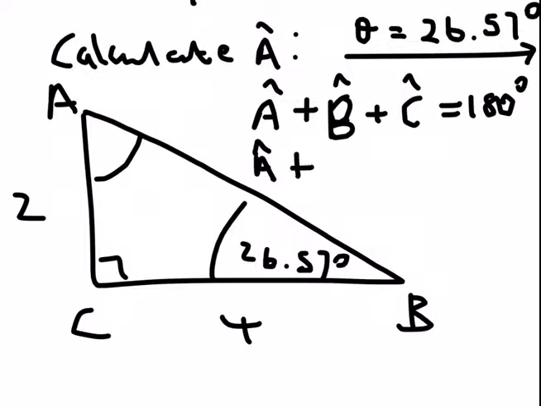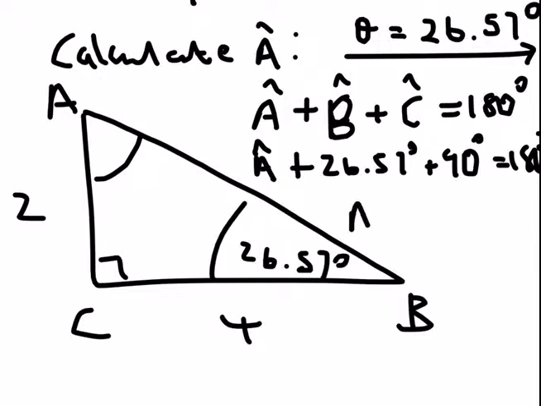What is angle B? I just calculated it now, it is 26,57 degrees. What is angle C? That one is always 90 degrees. And then we have 180 degrees. So can you see? Now all that you need to do is like you're solving for x, but you're solving for A. So you just say 180 degrees minus 90 degrees plus 26,57, and then it gives you 63,43.